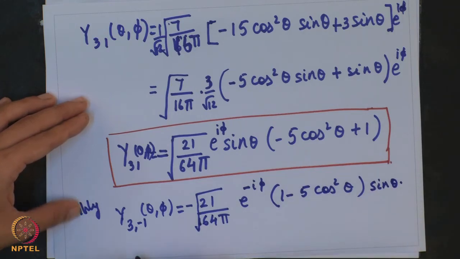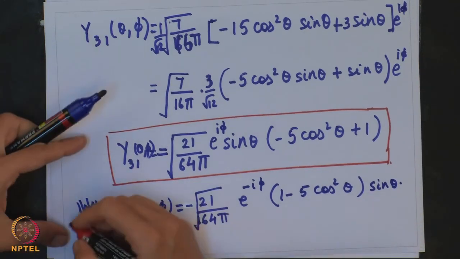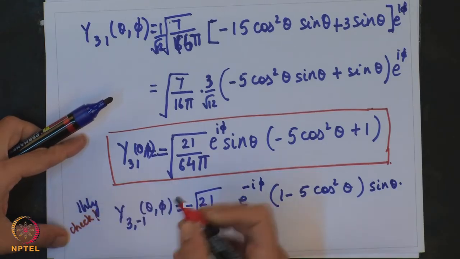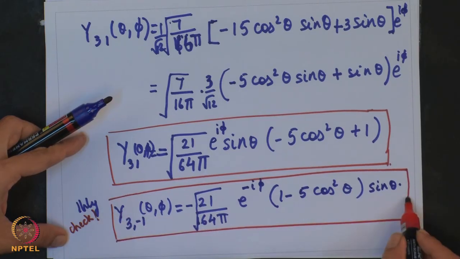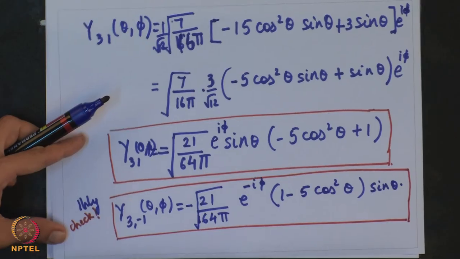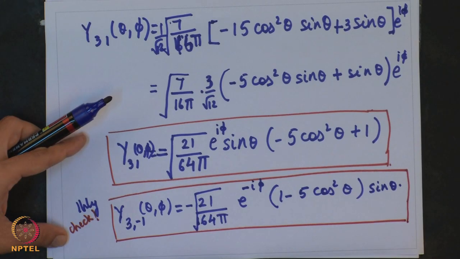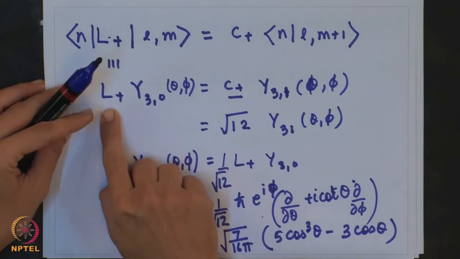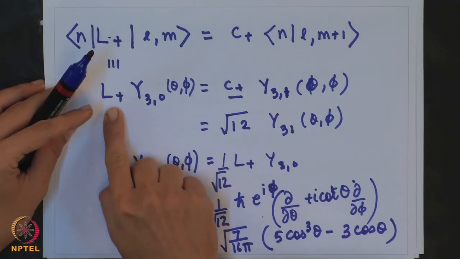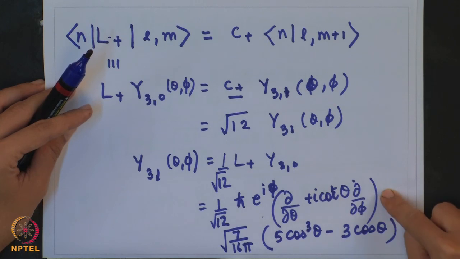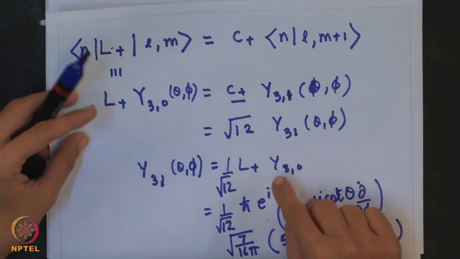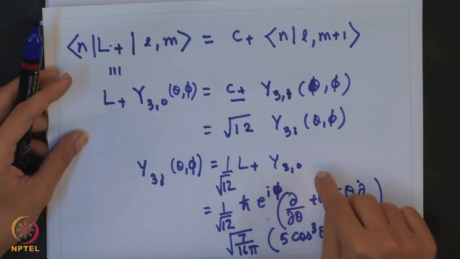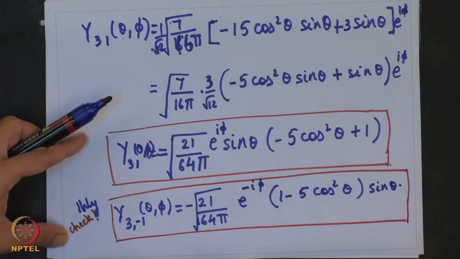This is the result, you can check whether you obtain this. The crucial part here was that you write L plus in terms of polar coordinates and then operate this on the y 3 comma 0 given to you, and then you can easily see the result.